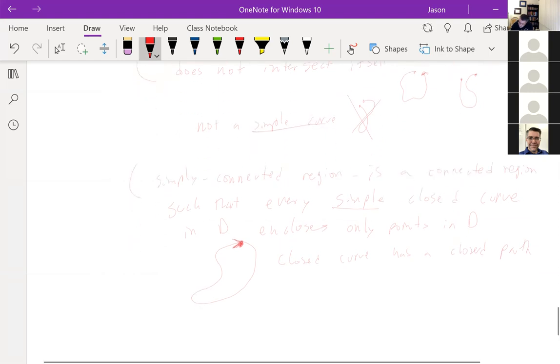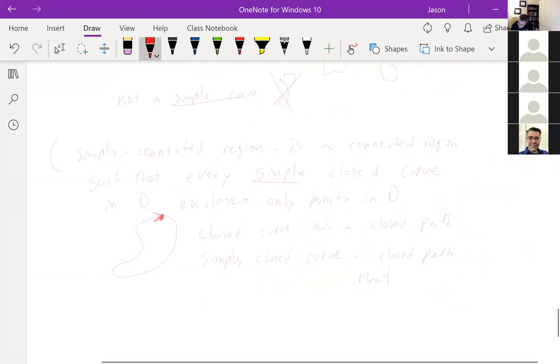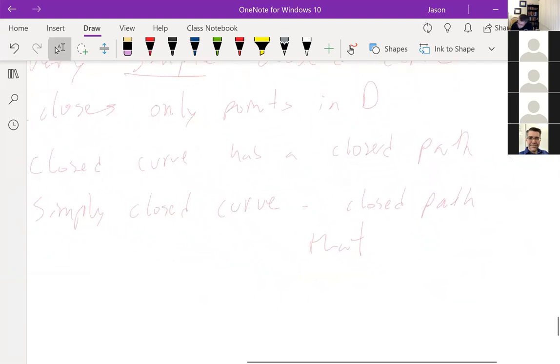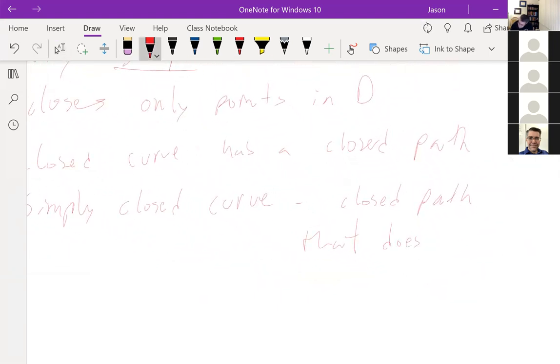And a simple closed curve has a closed path that does not cross itself.